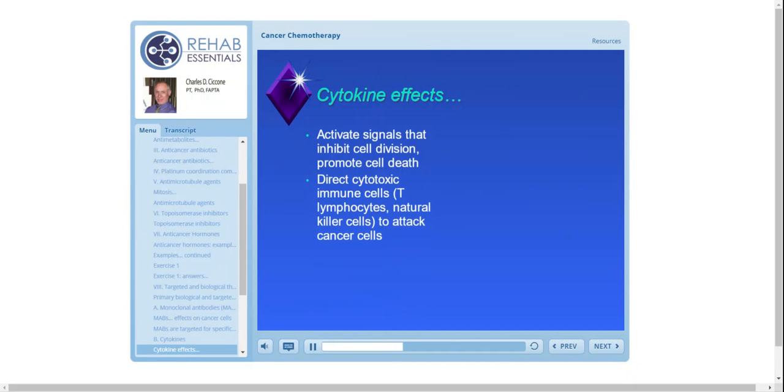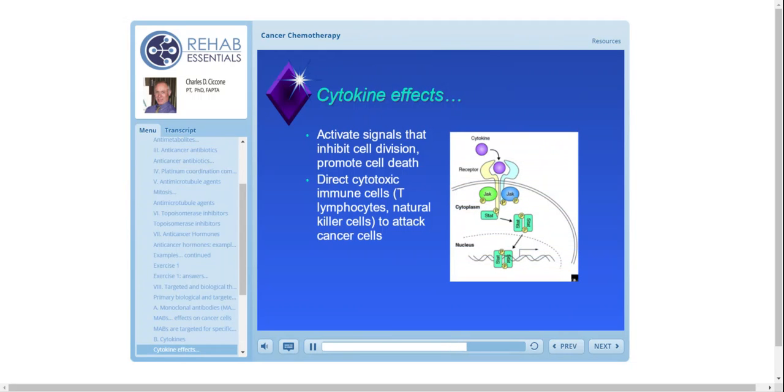In addition, they can have a direct effect on cytotoxic immune cells like the T lymphocytes, the natural killer cells, and basically jumpstart the effect of these cells to go after the cancerous tissues. That's what's shown in this diagram. The cytokine, the purple round structure at the top, is affecting a signaling pathway that either directly inhibits cell division or, even better yet, programs the cell death.